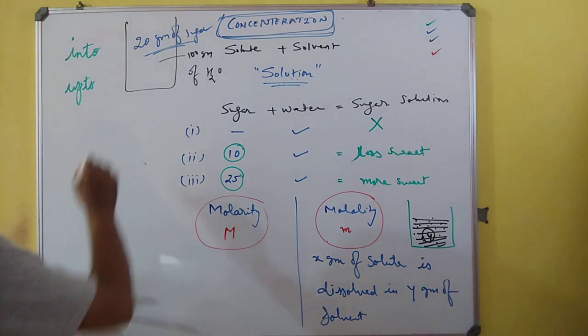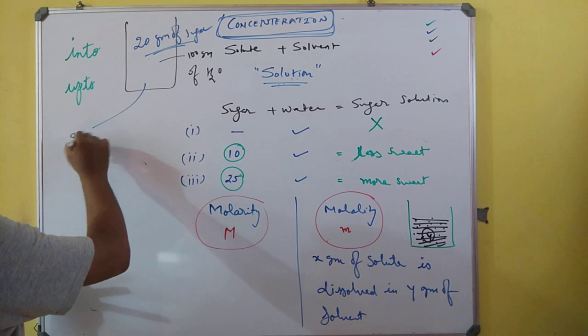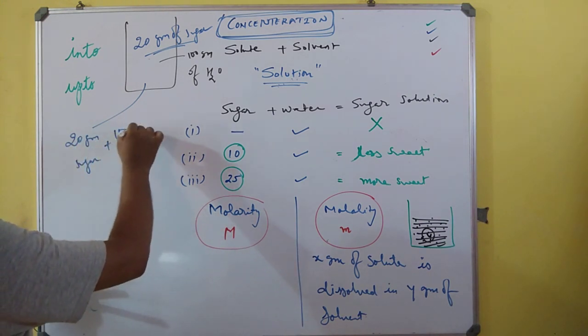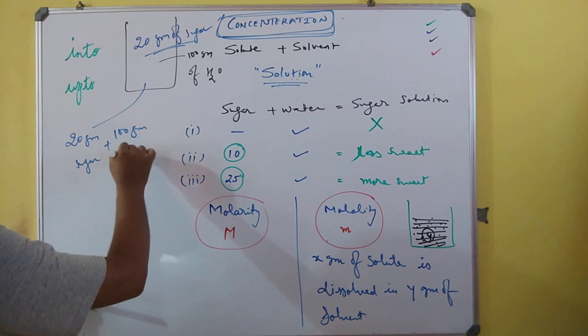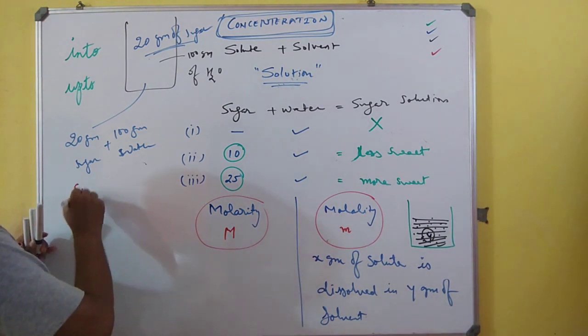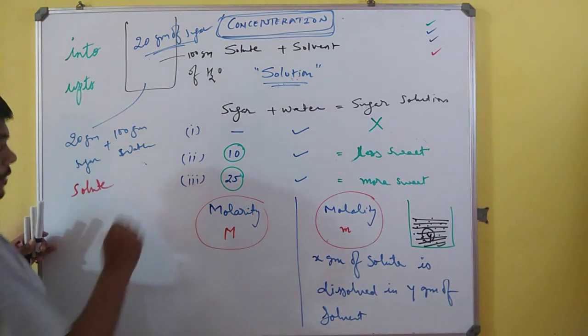So over here, this 20 gram sugar, 100 gram water. So this sugar is now referred to as solute.